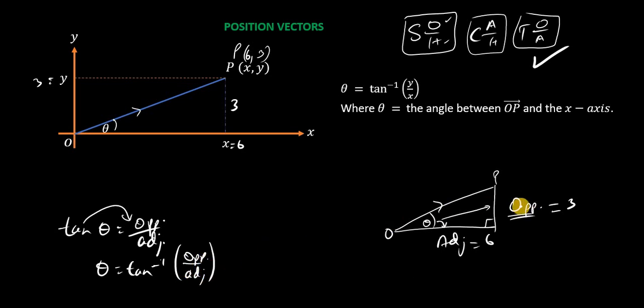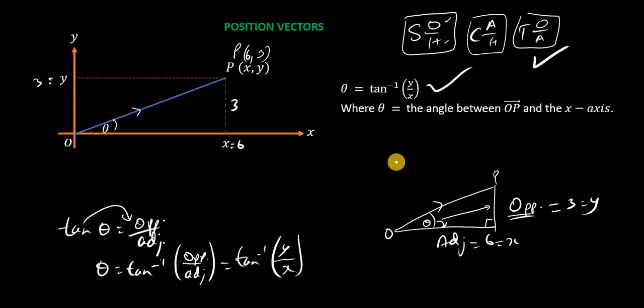The opposite length here is our y value, and the adjacent length is our x value. So which value are we going to put on top? Opposite is the y value, and the adjacent is the x value. So this is the formula that we use.